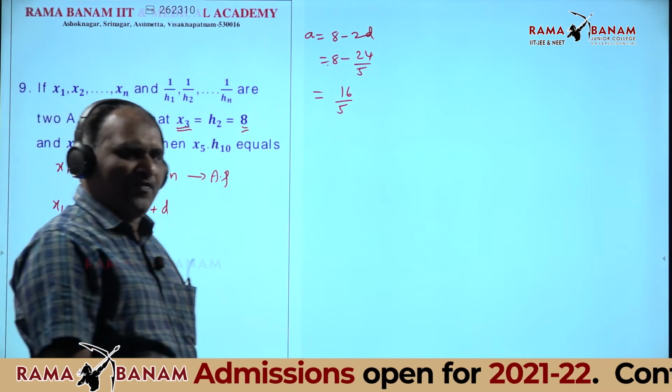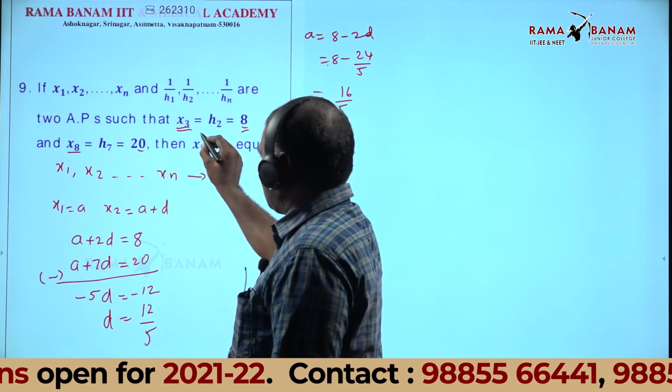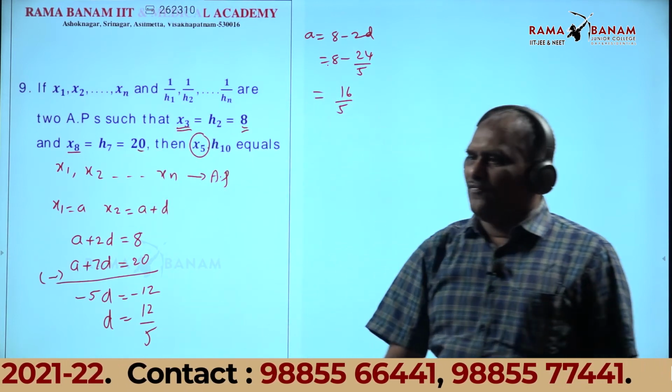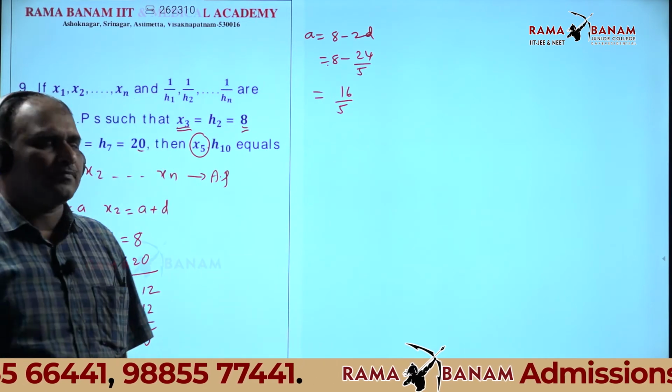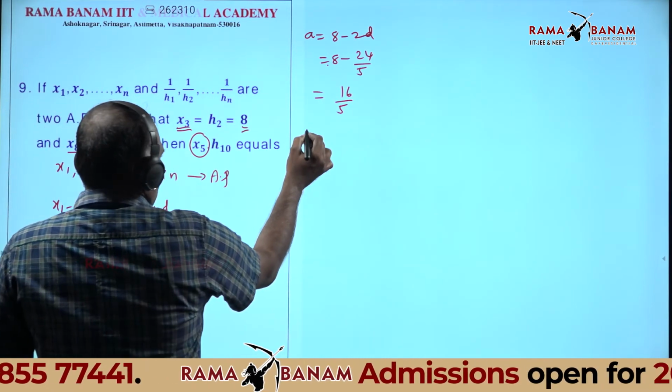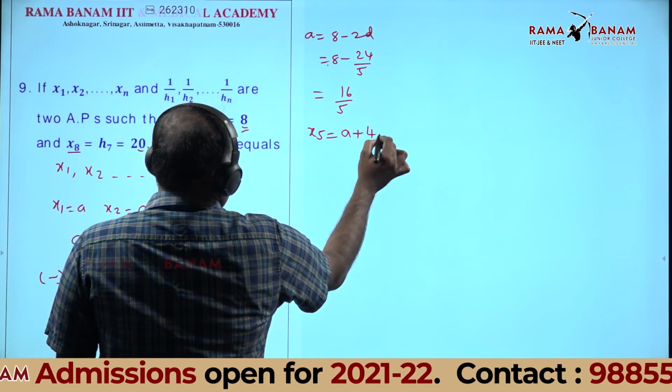You know that a value, you know that d value. But what is the question asking? x5. What is the x5 formula? a plus 4d. Therefore, x5 is equal to a plus 4d.